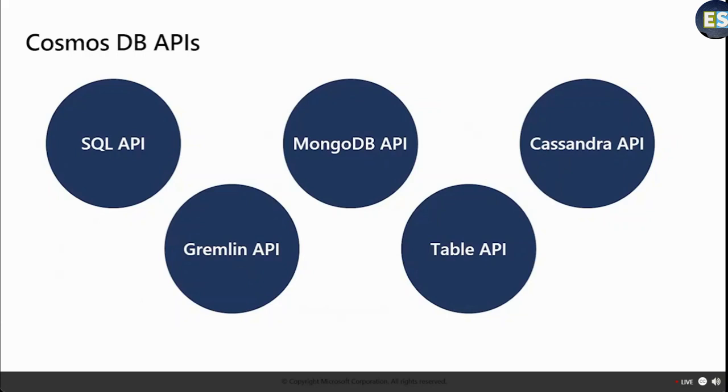Now, the main use of the Table, MongoDB, and Cassandra APIs is to support any of your existing applications that are already using these kinds of data stores as their data tier. So if you're building any new applications and databases, you should really use the SQL API or the Gremlin API.